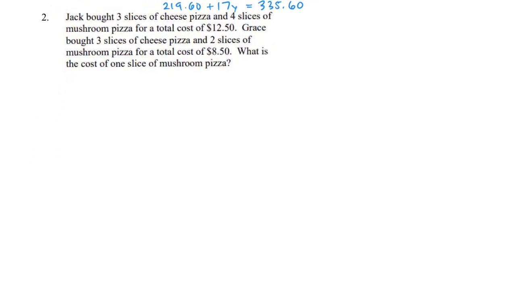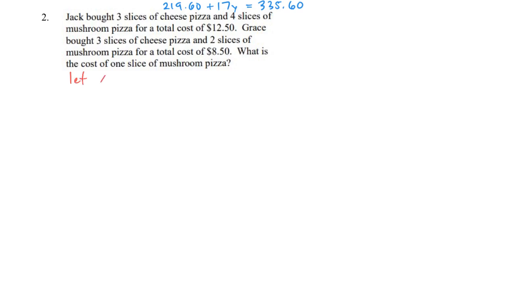Jack bought 3 slices of cheese pizza and 4 slices of mushroom pizza for a total cost of $12.50. Grace bought 3 slices of cheese pizza and 2 slices of mushroom pizza for a total cost of $8.50. What is the cost of 1 slice of mushroom pizza? Okay, so this is again a system of equations question.